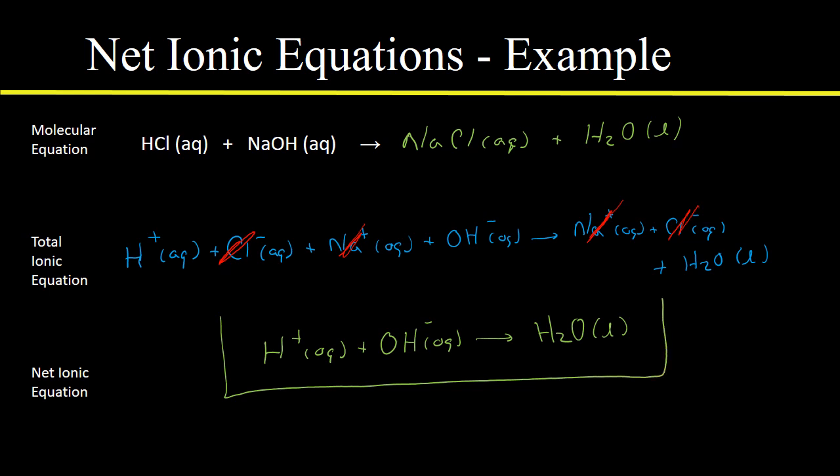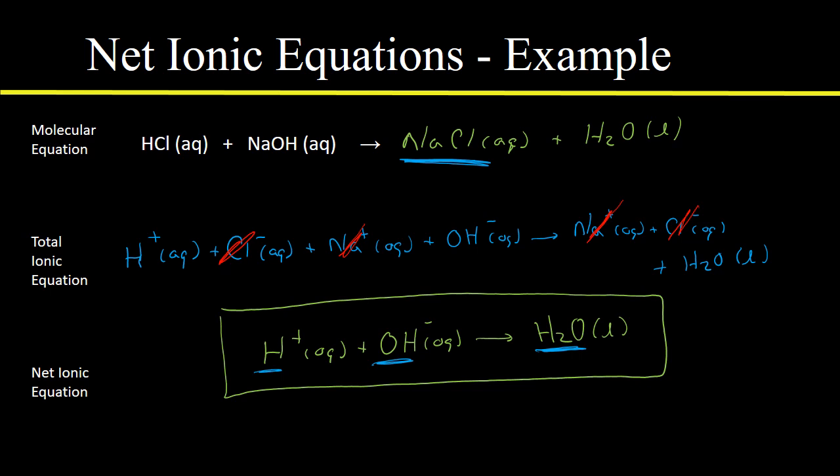And you'll find, here's an interesting thing, when you're doing these net ionic equations, anytime you have a strong acid reacting with a strong base, if we think about it really hard, we might be able to come up with a couple of exceptions, but it's almost always going to be the case that this here is going to be soluble, and so the counter ions are always going to end up being spectators, and you always end up with the same net ionic equation for essentially any strong acid and any strong base. When you react them, you end up with that net ionic equation.